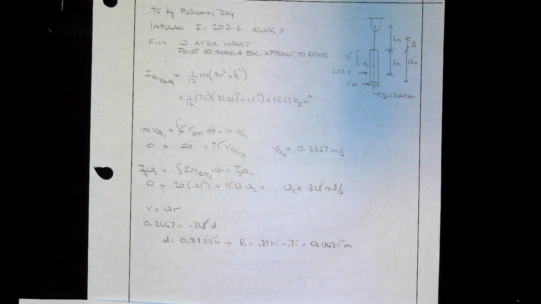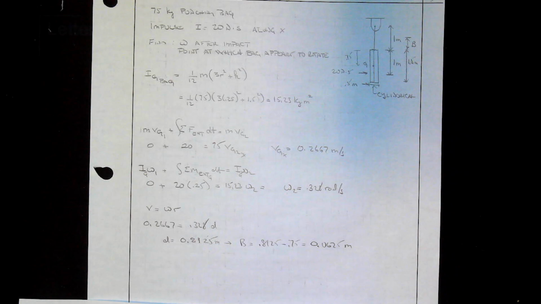It would simply be 20 Newton seconds times the distance from here up to G. If G is 0.75 meters down and the punch happens 1 meter down, then the moment arm is 0.25. So we convert that linear impulse, multiply by 0.25, and we get an angular impulse. As it punches relative to G, it's trying to go counterclockwise, so the sign is positive.